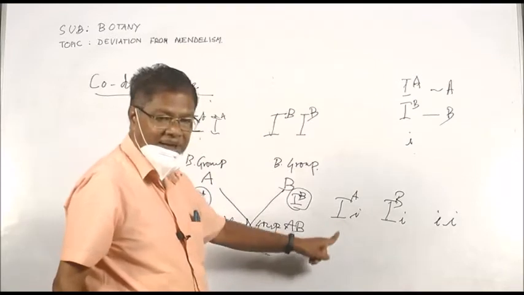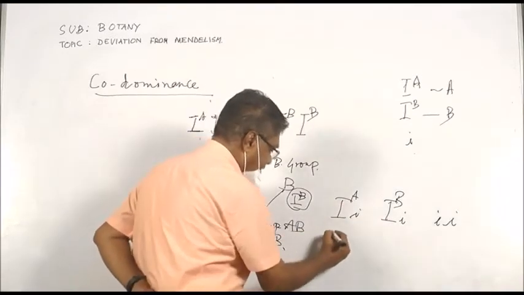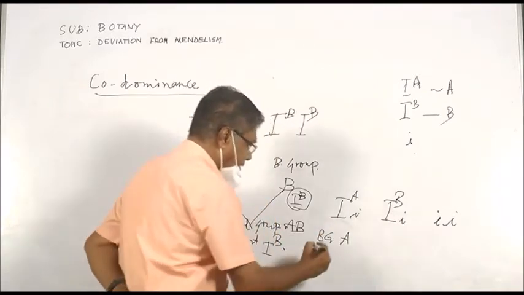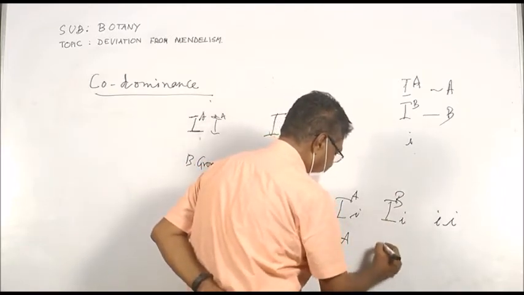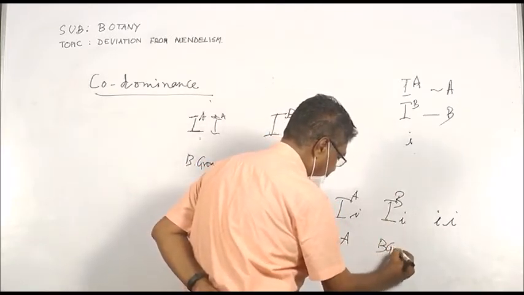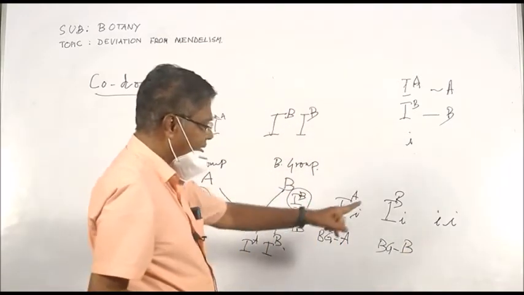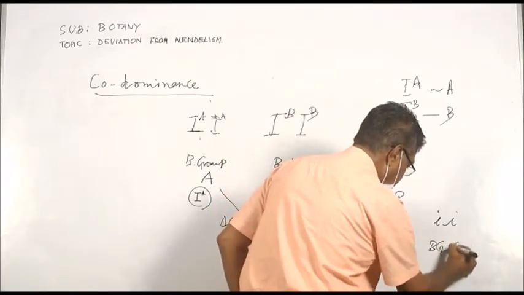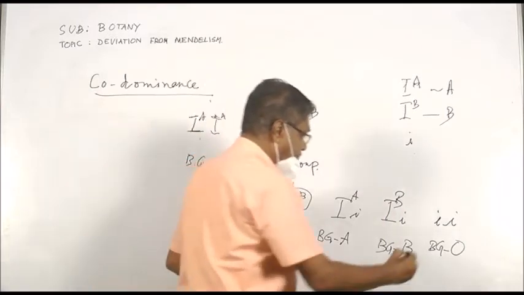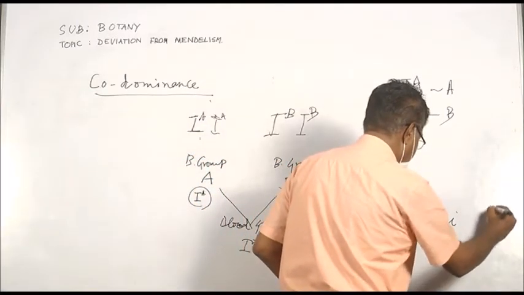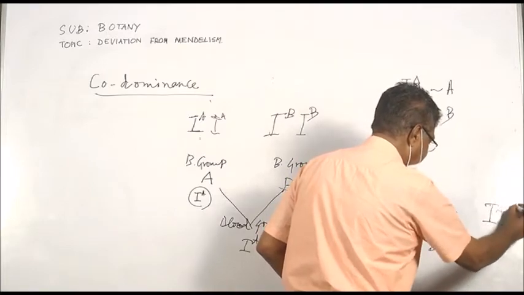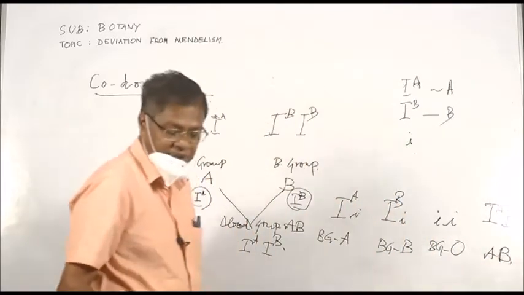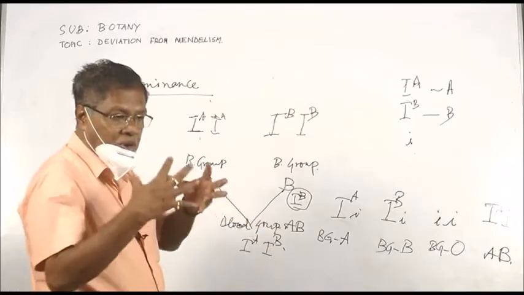Now, capital IA, small i will give us blood group A. Capital IB, small i will give us blood group B. And small i, small i will give us blood group O. And if by chance capital IA and capital IB come together, as it is the case here, the blood group is AB. So, here there is a codominance.